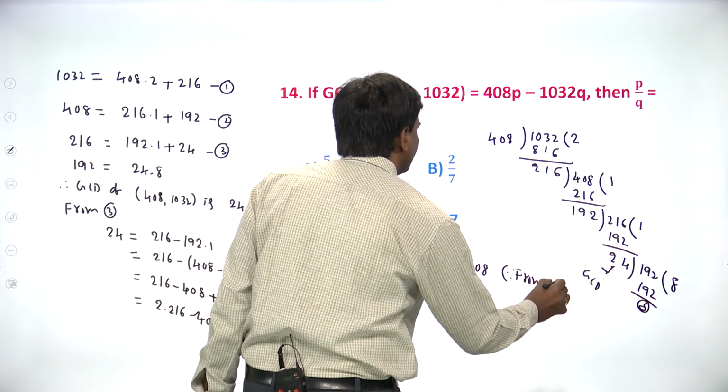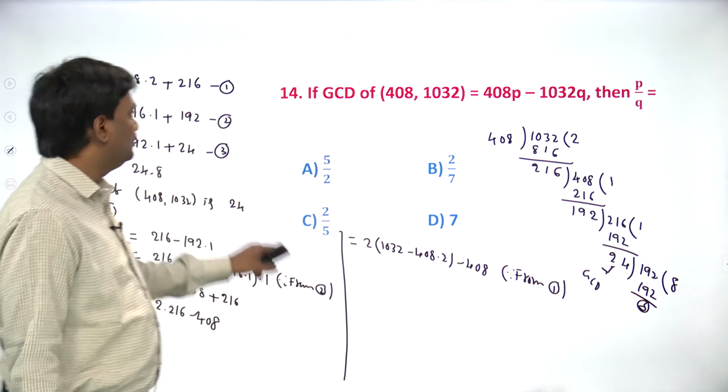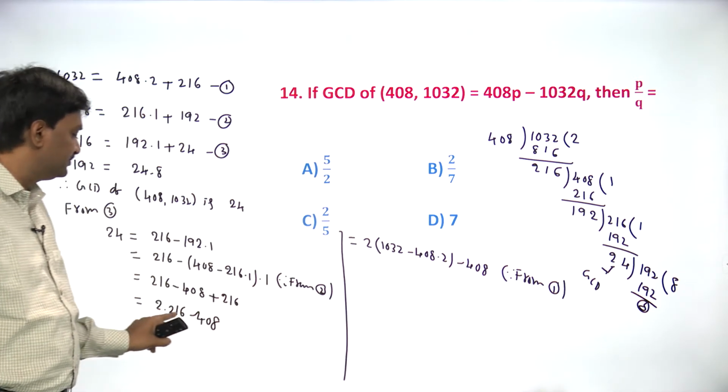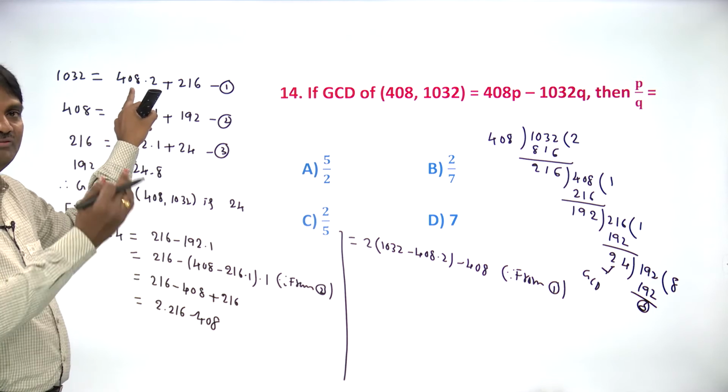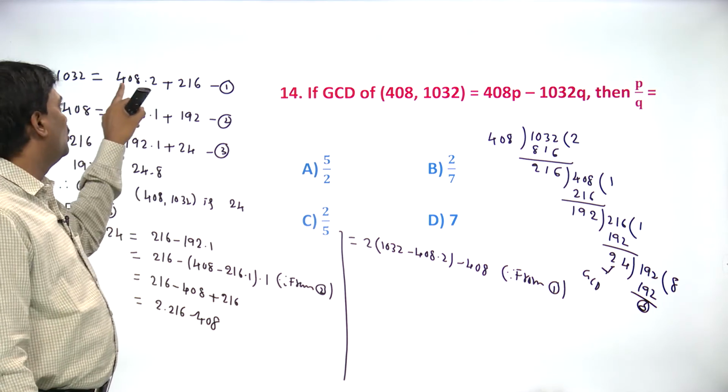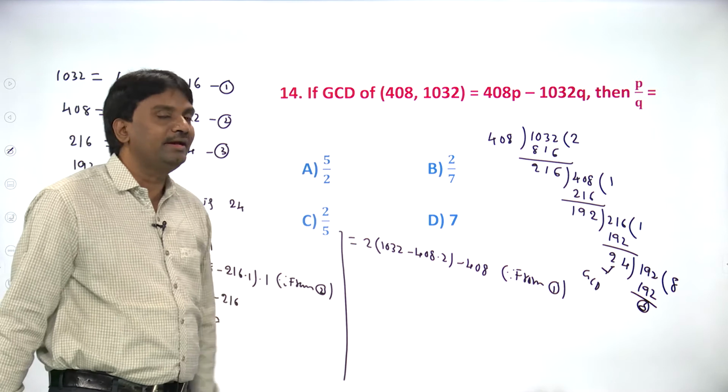So by using equation 1, in place of 216, by taking 408 into 2 to this side, 1032 minus 408 into 2.